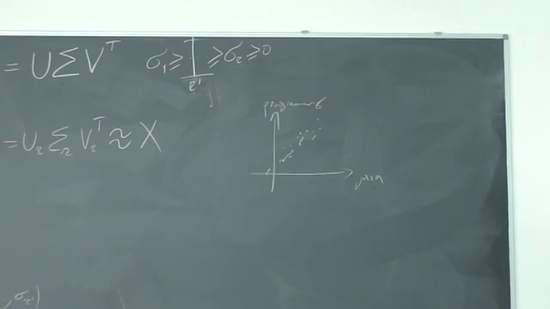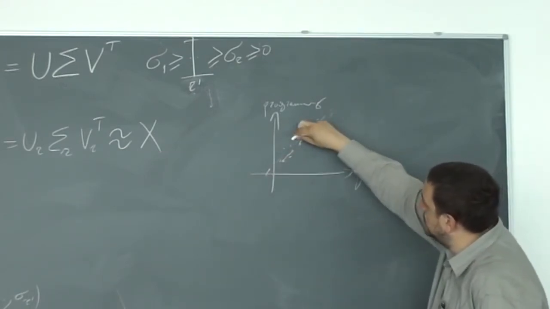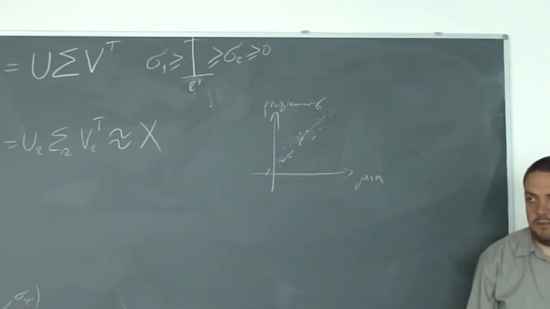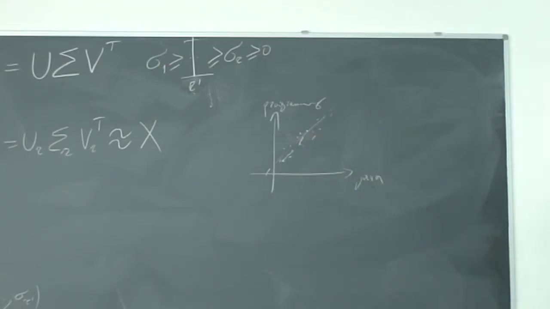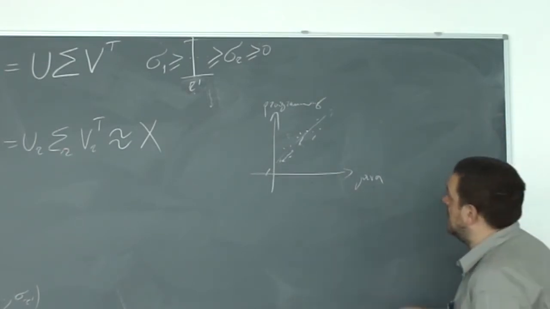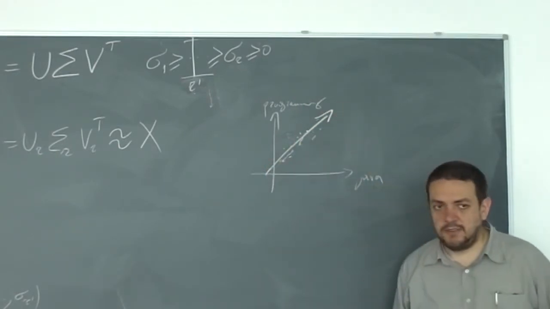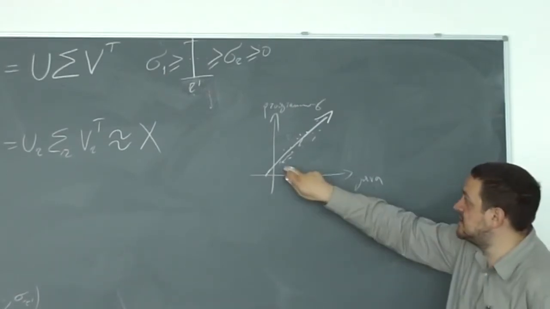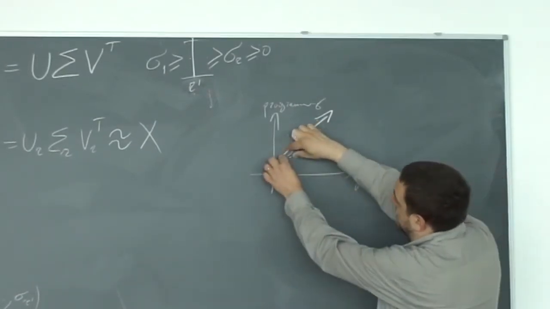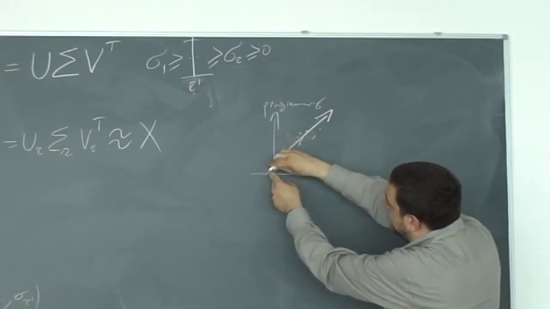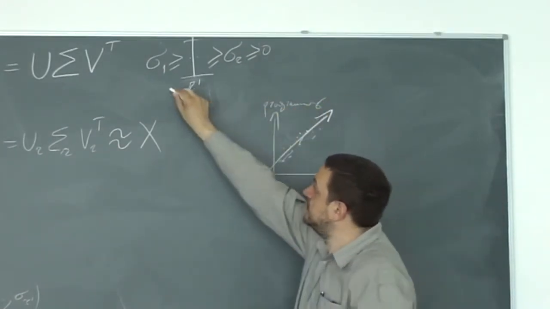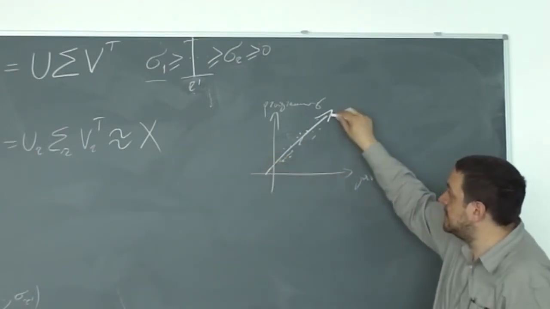What we get from the PCA technique is that we found the best coordinates to represent this. We decided to represent our documents on a different axis, where we identify the most important contribution, the one corresponding to sigma 1, along here.